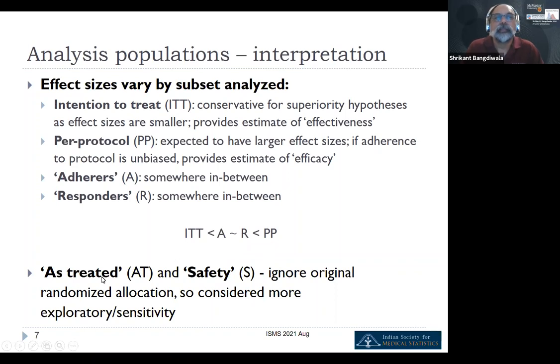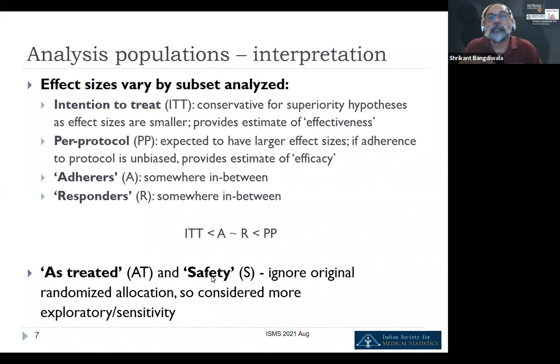Okay. The as treated and the safety groups really ignore randomization. So, if you ignore randomization, as I said yesterday, you're really analyzing a biased, non-representative, convenient sample, right?